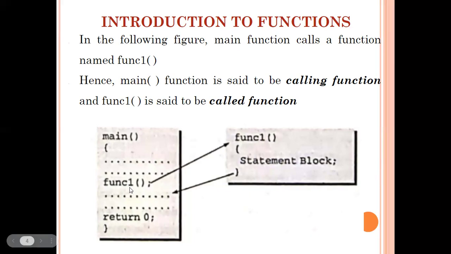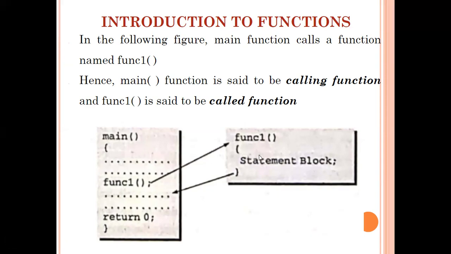Whenever a C compiler executes this function call statement, the program control is automatically transferred to the definition part or statement block of the corresponding function. Once function 1 is executed, the program control returns back to the next statement, which is immediately following the function call statement in the main function.